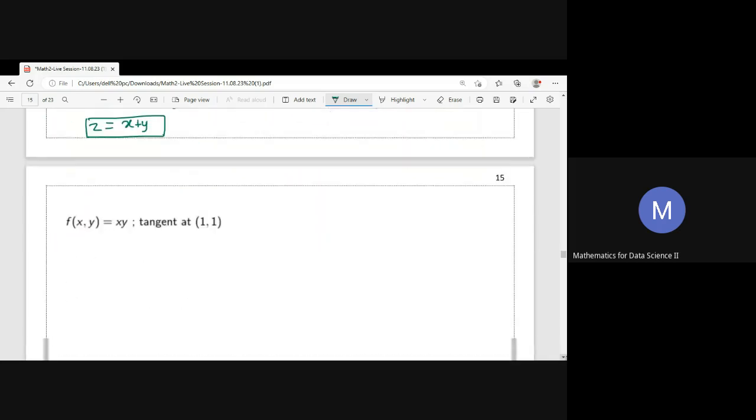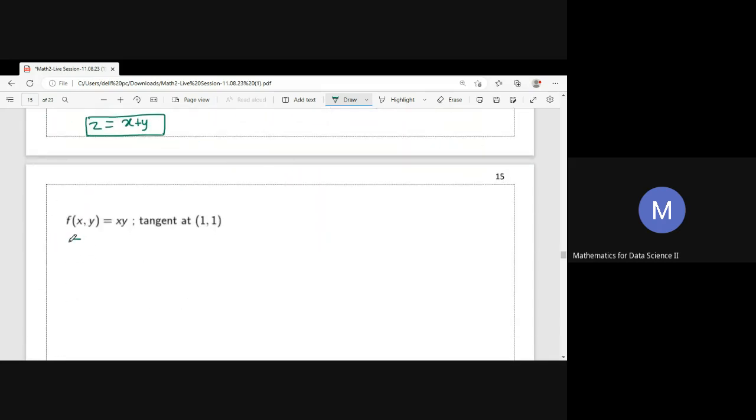The same way you can do for other functions also. Here again, a tilde is this, and x tilde minus a tilde is x minus 1 comma y minus 1. What is f of 1 comma 1? It is 1. Now z is equal to f of 1 comma 1 plus del f at 1 comma 1, which we have already derived: del f of x comma y is y comma x.